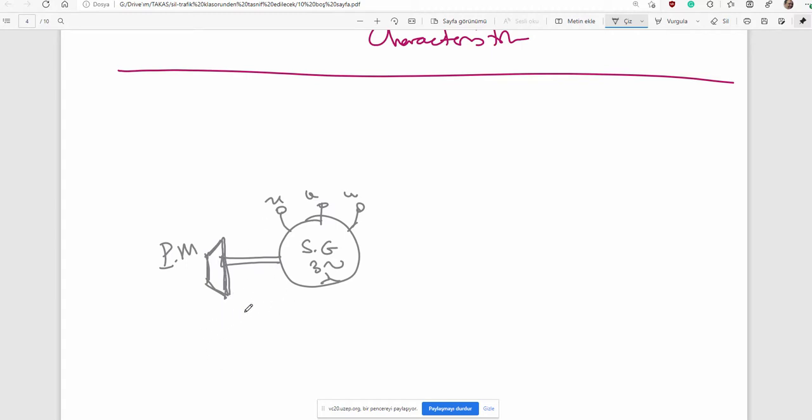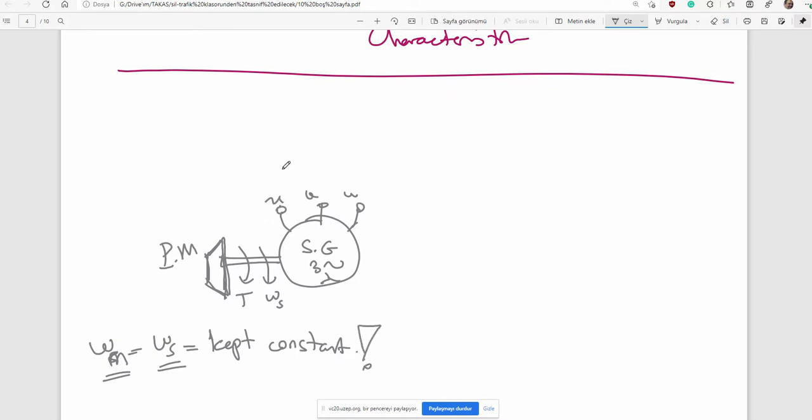Here are the torque and angular speed of the shaft. The angular speed of the shaft must be kept constant at synchronous speed. The mechanical side must be kept at constant synchronous speed. That is a must during the test.